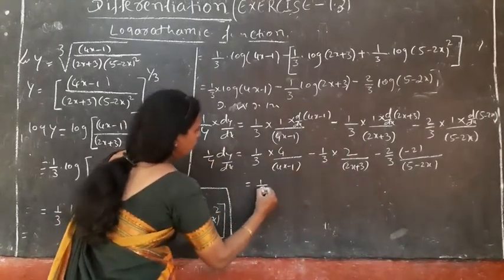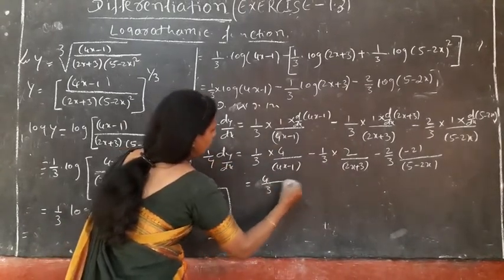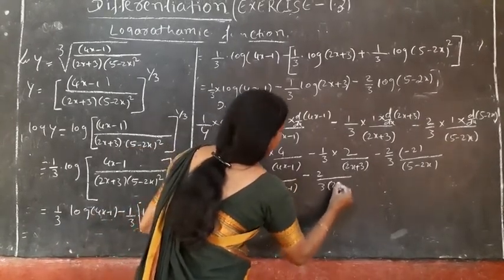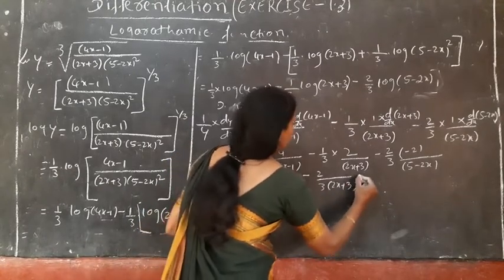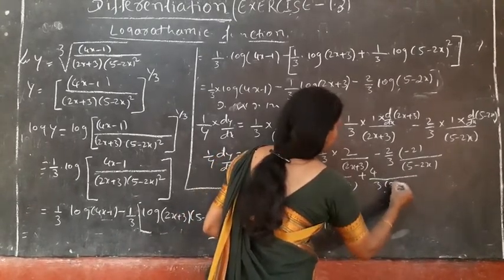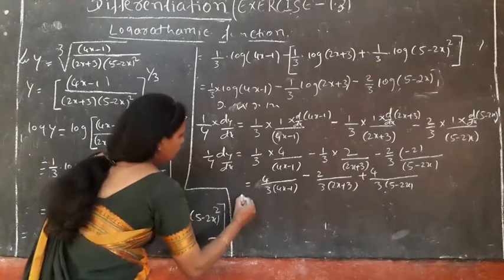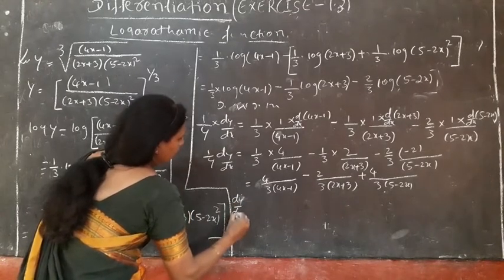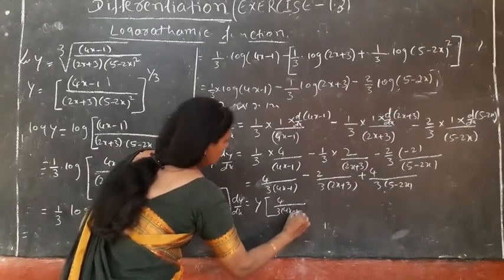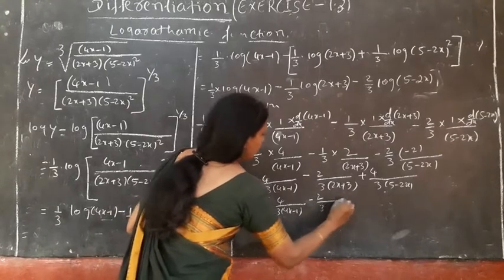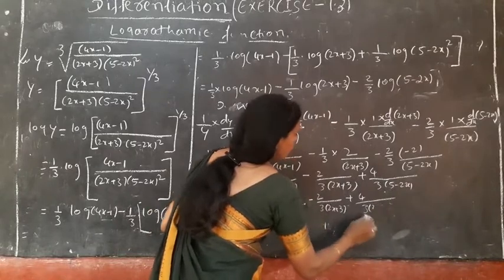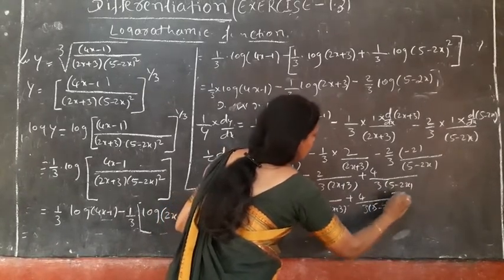So we can write 4 upon 3 (4x minus 1) minus 2 upon 3 (2x plus 3), minus into minus plus 4 upon 3 (5 minus 2x). Then by cross multiplication, dy upon dx is y into the bracket: 4 upon 3(4x minus 1) minus 2 upon 3(2x plus 3) plus 4 upon 3(5 minus 2x).